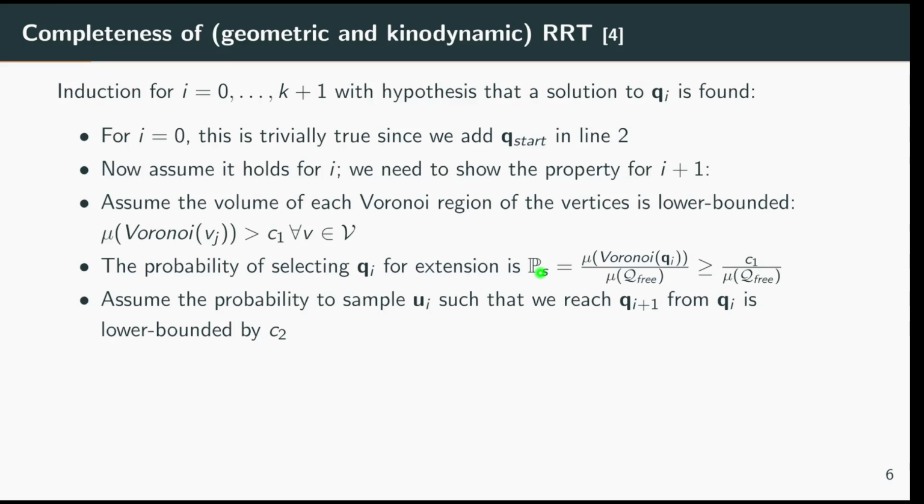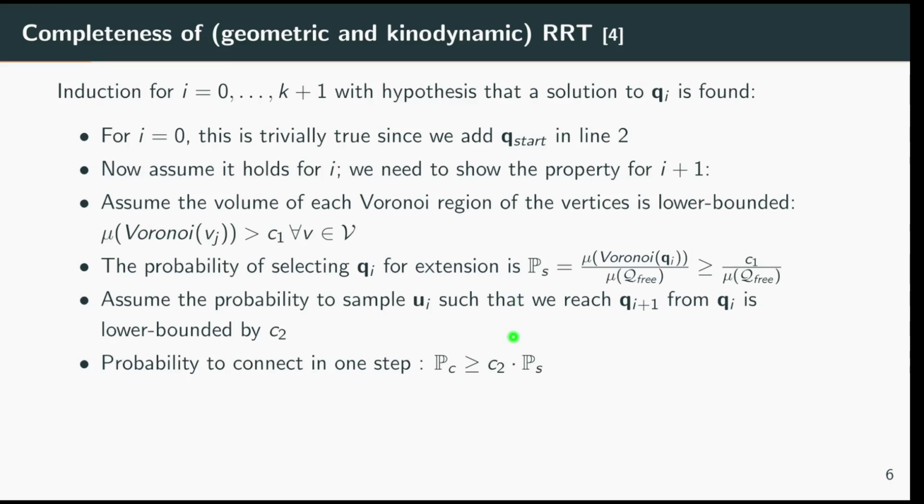In the kinodynamic case, if you remember, 2 weeks ago we discussed this small time controllability. We have to have additional assumptions for this to be true, right? So that we have a nice dynamical system where we can always find sequences of actions like that.